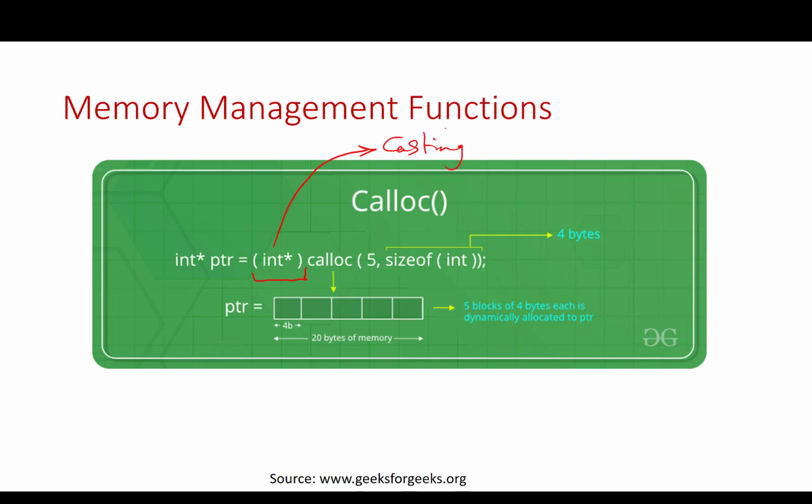So casting here is used just to say that, hey, please make sure that this pointer is declared as an int. So for example, at the beginning, you can declare your pointer as void. That's totally fine. But after that, you have to do casting, which is changing this from void into an int. But here, it's actually useless. It's not doing anything.